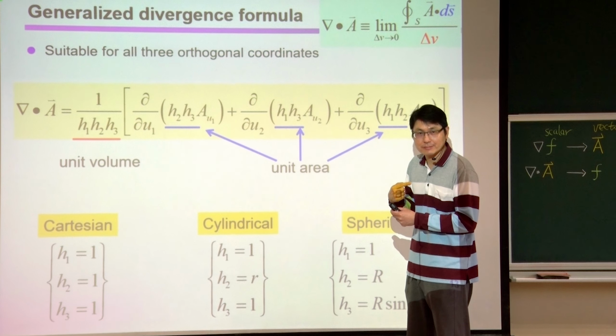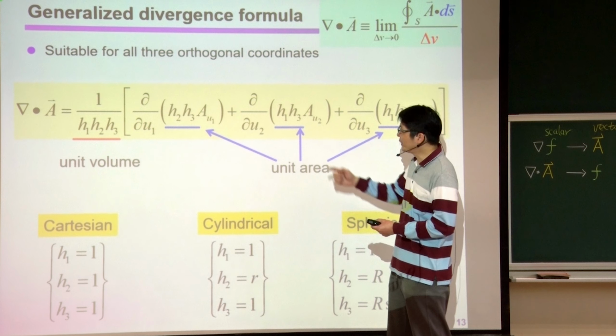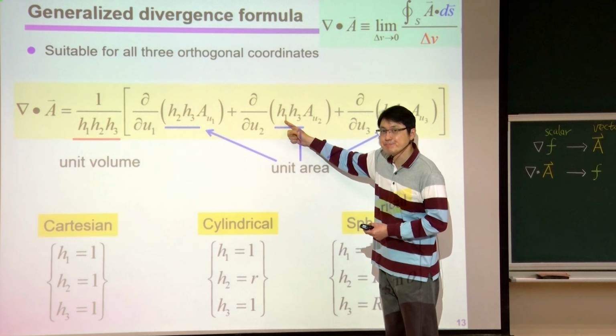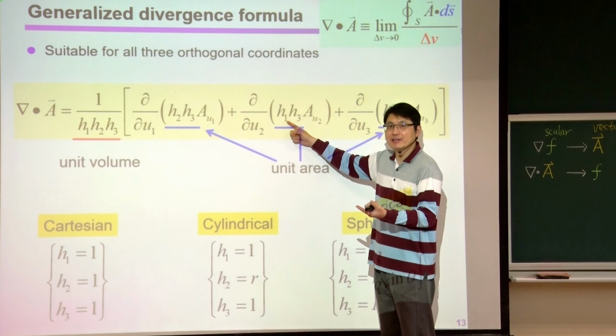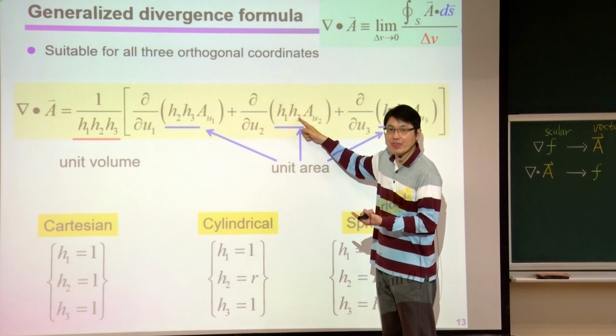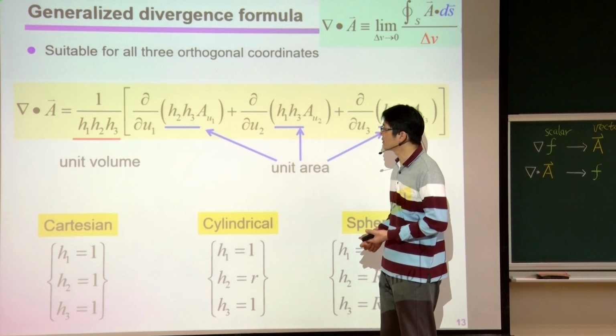Since the surface is pointing in the second direction, its area, its magnitude, must be determined by the differential length in the first and the third directions. It all makes sense.